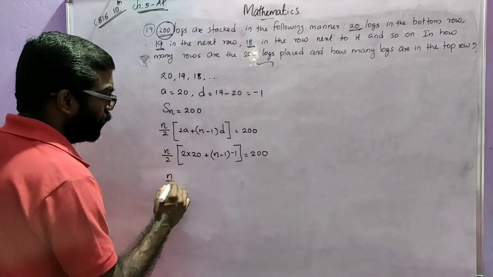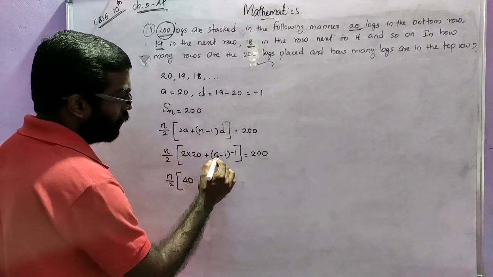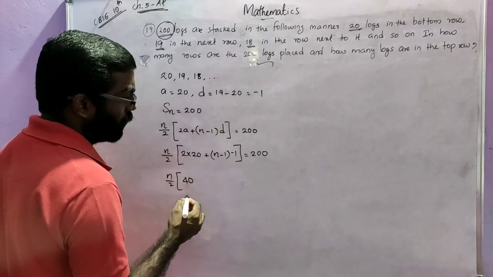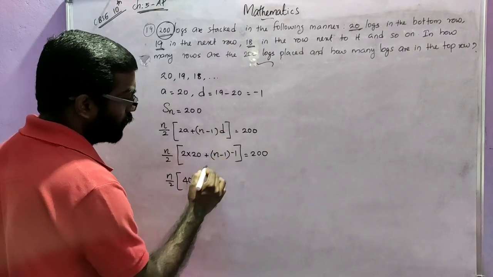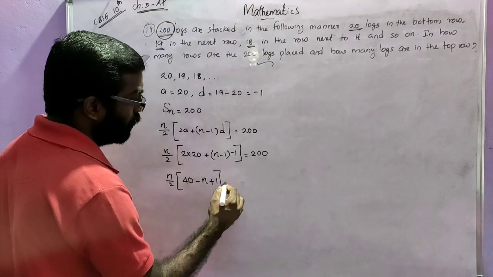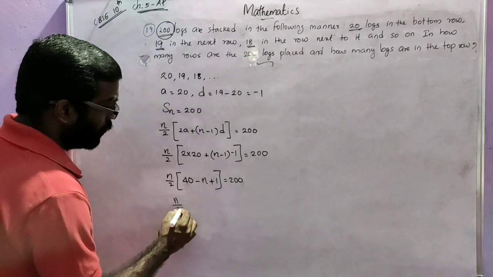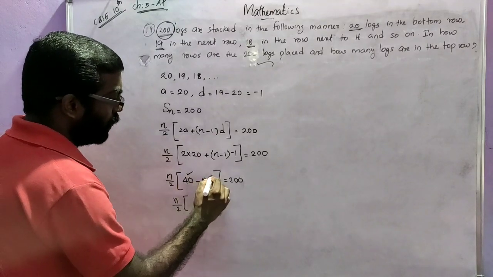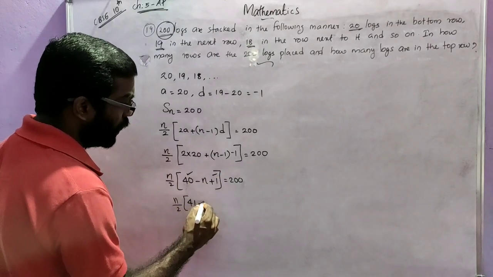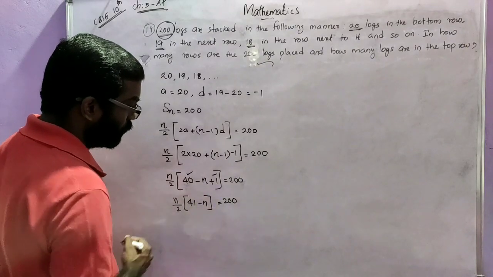That is n by 2 into 2 into 20 is 40, then n minus 1 into minus 1: minus into n is minus n, minus into minus is plus, plus 1, which is equal to 200. That is n by 2 into 40 plus 1, that is 41 minus n, which is equal to 200.